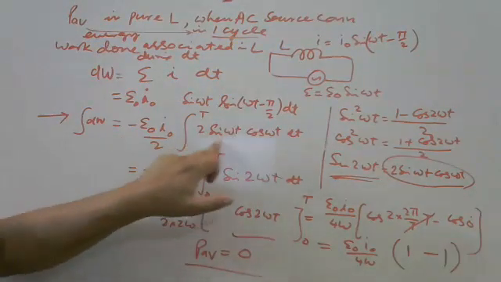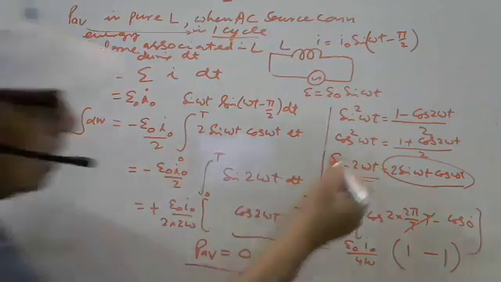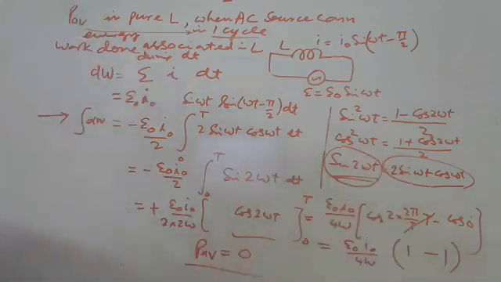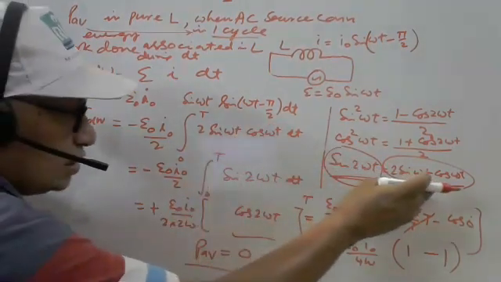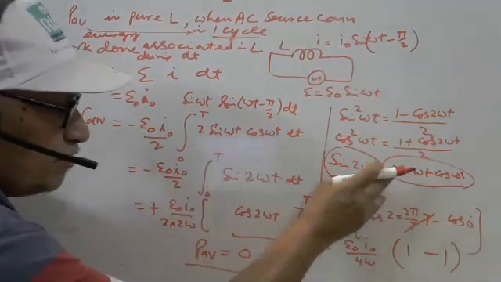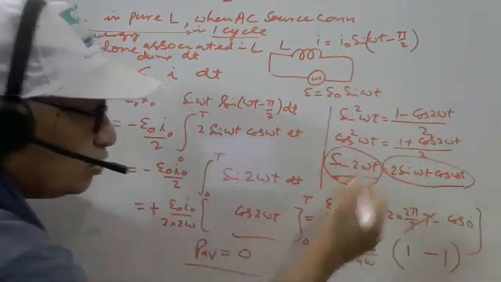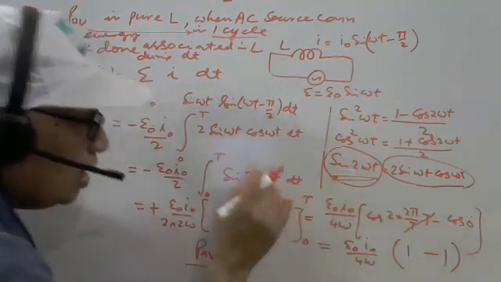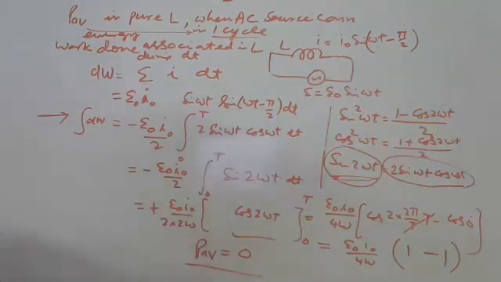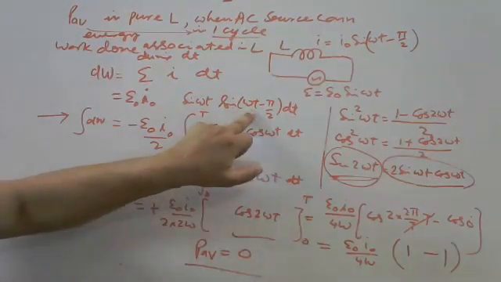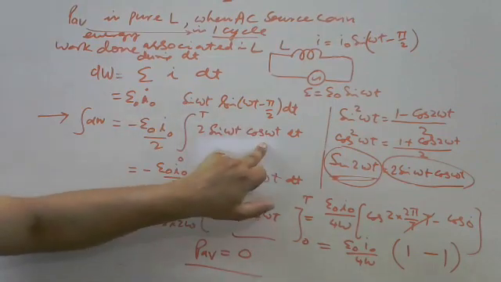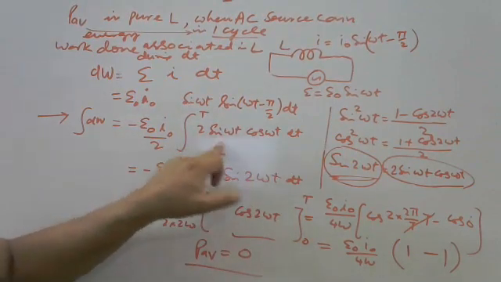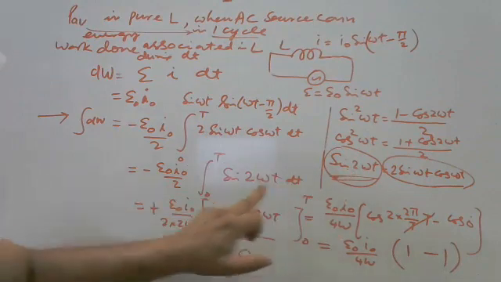And 2 sin omega t cos omega t can be replaced with sin 2 omega t, using the half angle formula.